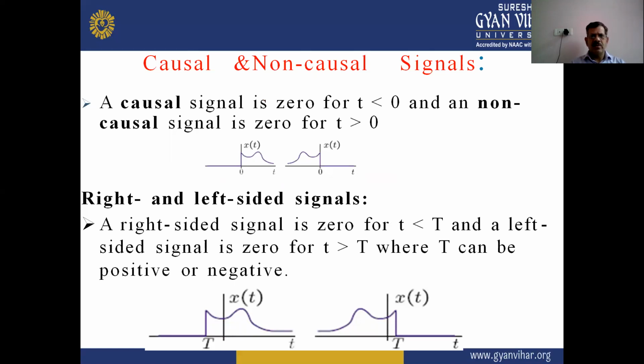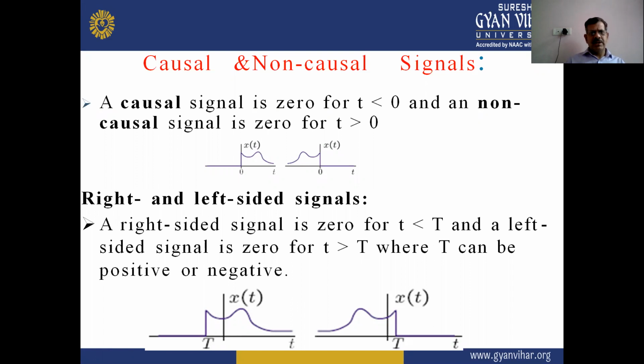Causal and non-causal signals. A causal signal is 0 for t less than 0 and a non-causal signal is 0 for t greater than 0. So what are causal and non-causal signals?